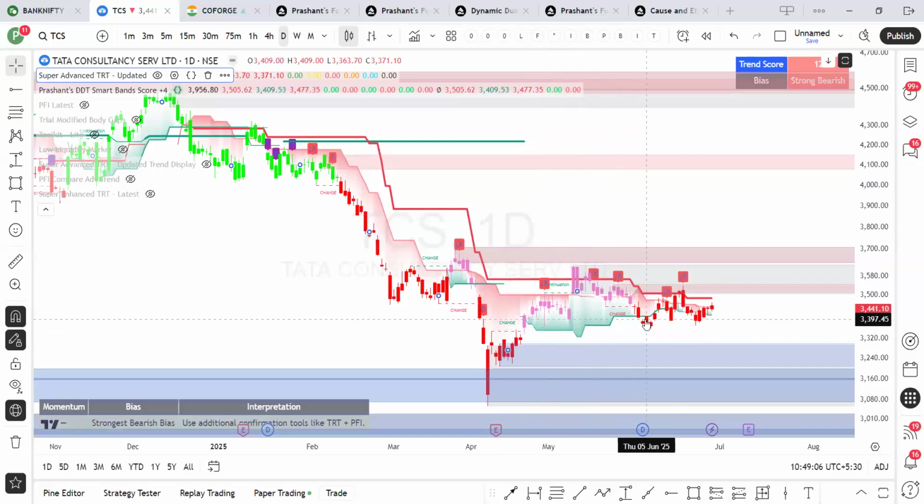Slight momentum is appearing, bullish momentum is slightly present, but not very strong bullish momentum. And if you check here momentum, there is a dash. That means this is a candle which is closing between bullish momentum and bearish momentum bands, and bias is strongest bearish bias. So right now it's not appropriate for trend followers.